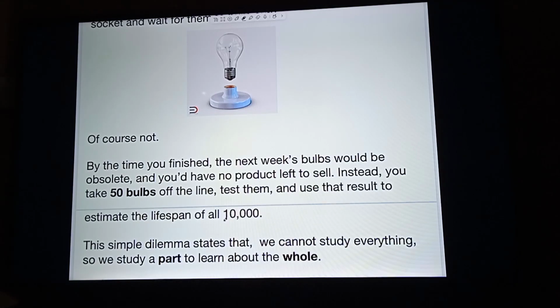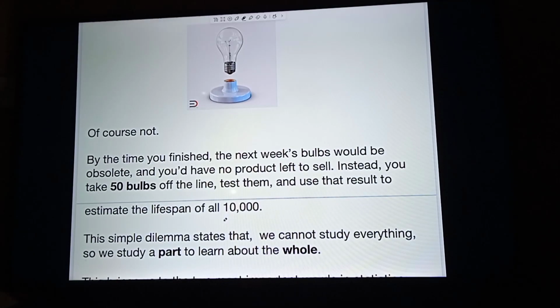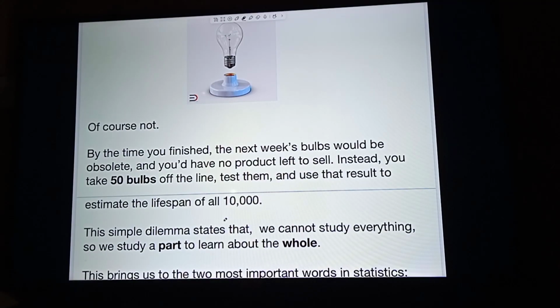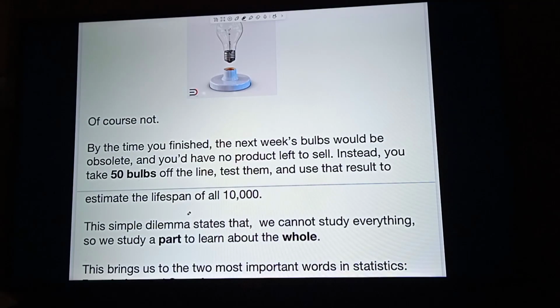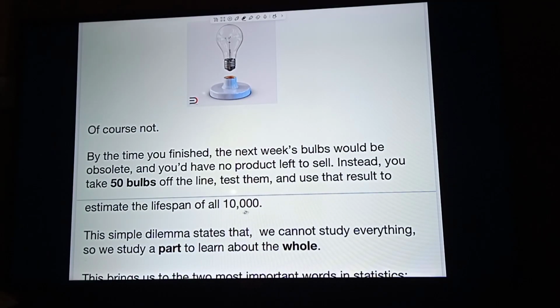You will select a sample, maybe 50 or 100 bulbs. That is a small portion. Test their lifespan and use that information to estimate the average lifespan of 10,000 bulbs.